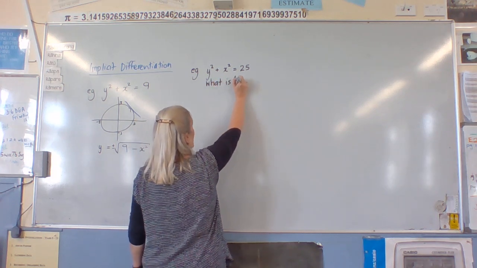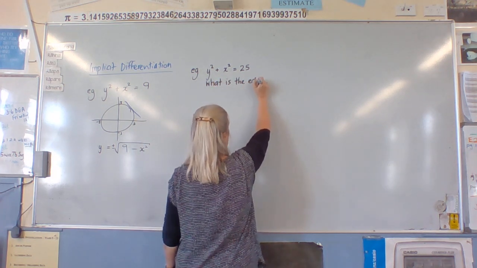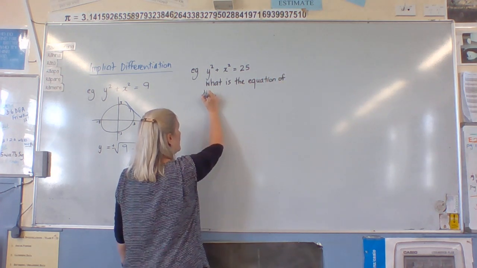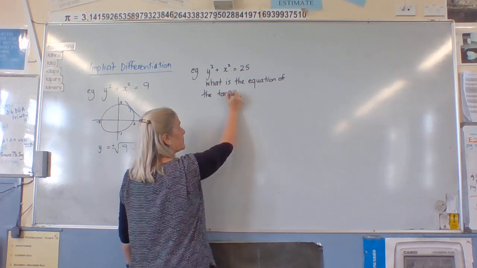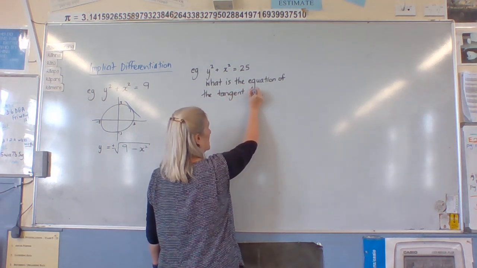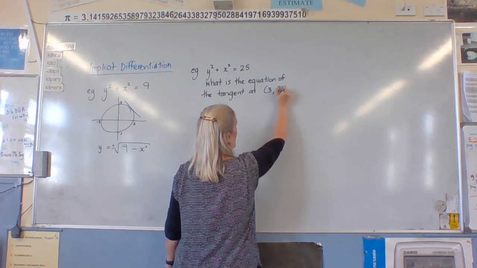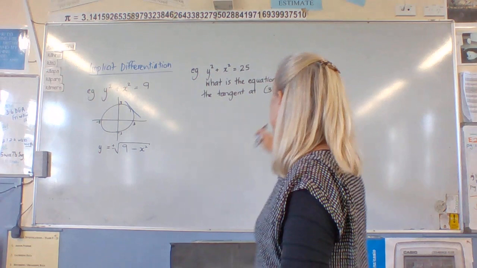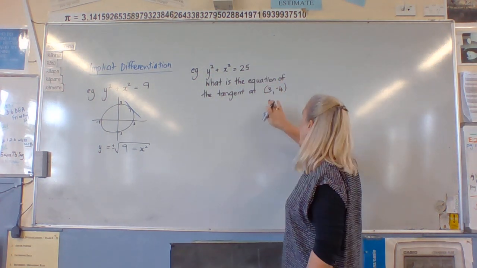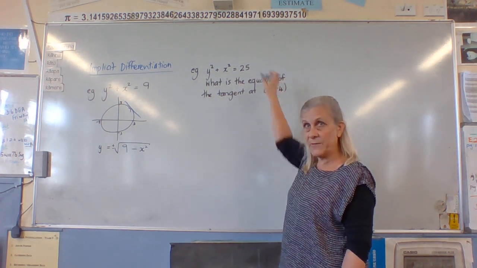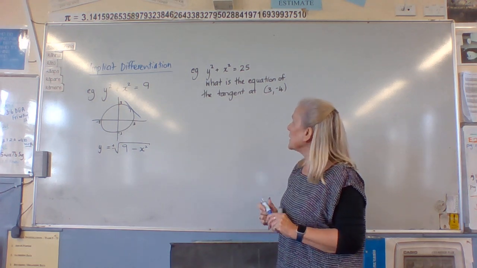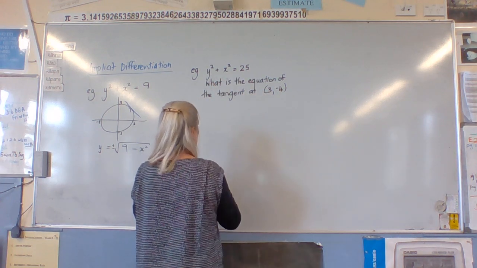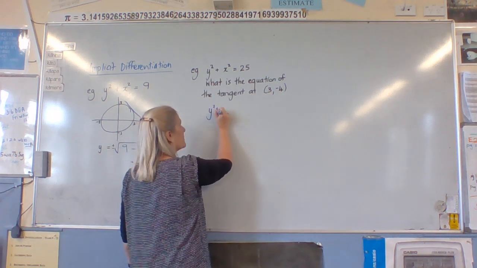What is the equation of the tangent at 3, -4? All right. So I know 3, -4 is on this graph because this particular circle has a radius of 5 and it's a 3, 4, 5 triangle. So I can figure that out in my head. Yay, go me. So what I want to do is I want to be able to differentiate this equation without rewriting it.